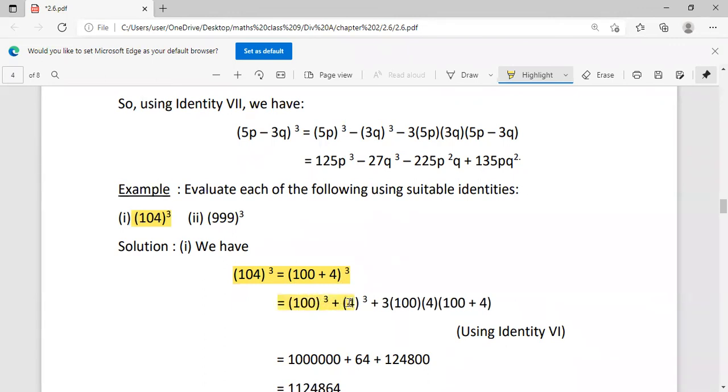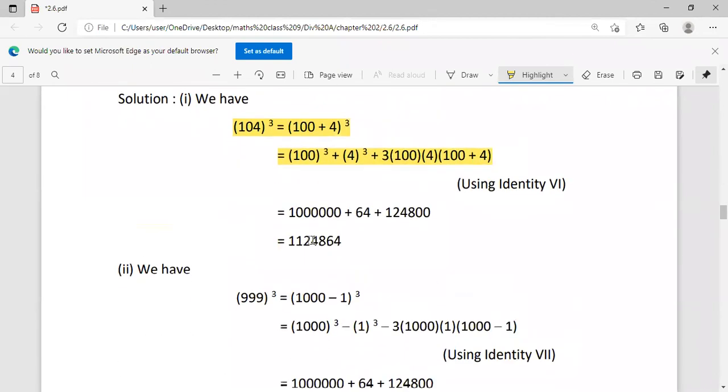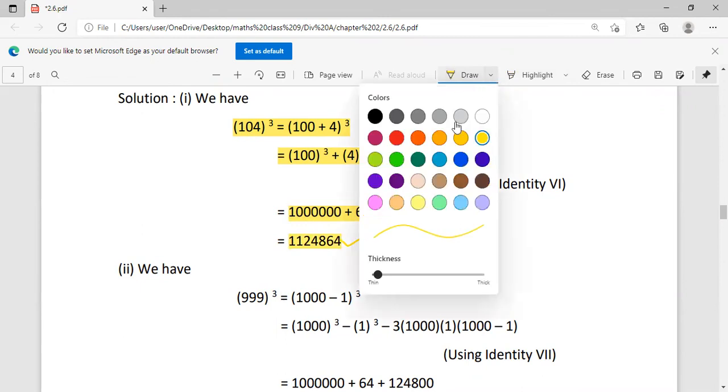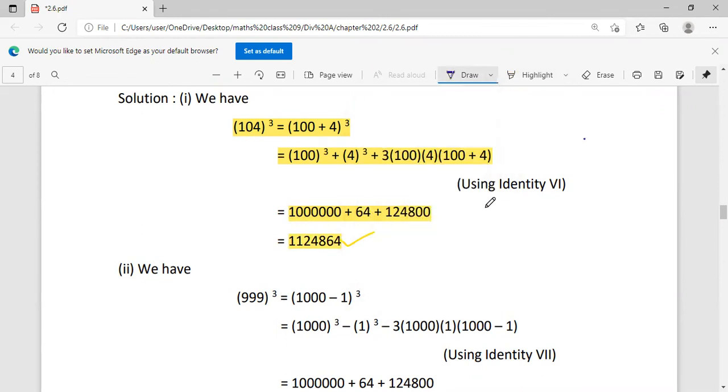So we can write 100 cube plus 4 cube plus 3 into 100 into 4 into 100 plus 4. Now we are just multiplying it: 100 cube is 1,000,000, plus 64, plus 124,800, and we get the answer. It was easy, right?